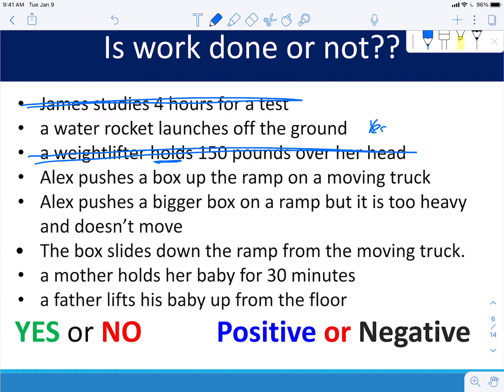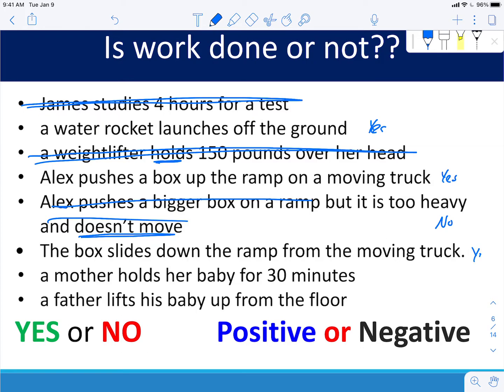Alex pushes a book up a ramp. Yes, that is definitely some work. We're changing the position, and we're applying a force in the direction of the motion. All right. Again, a bigger one, but it's too heavy and it doesn't move. This would be no, even though that's the box on the ramp, there is no distance traveled, so there would be no work. All right, so we'll cross that one off. Box sliding down the ramp.